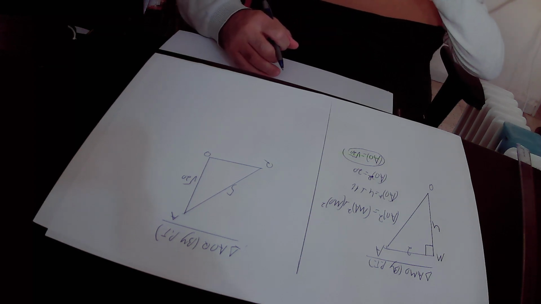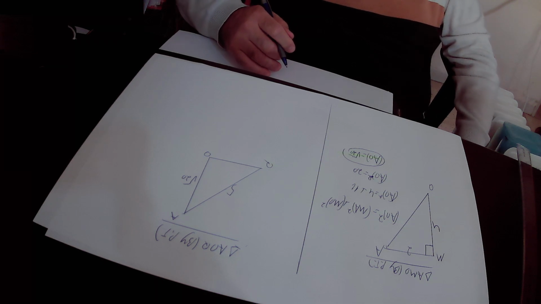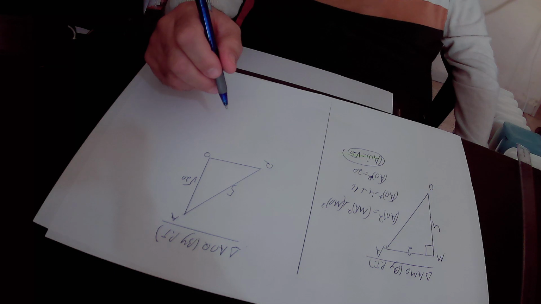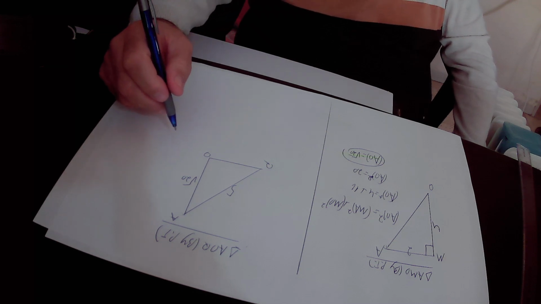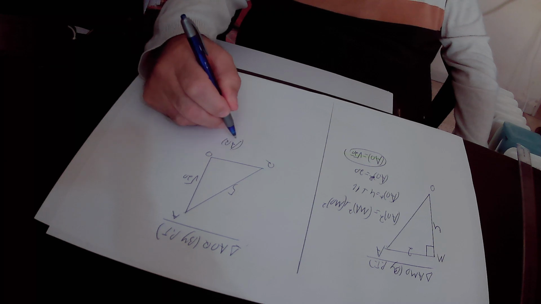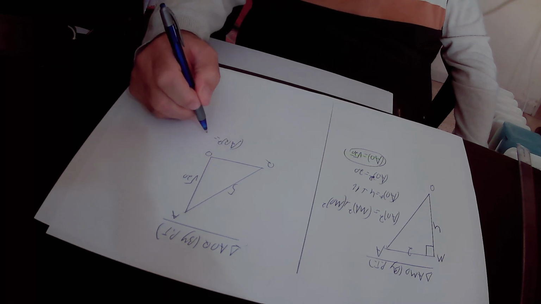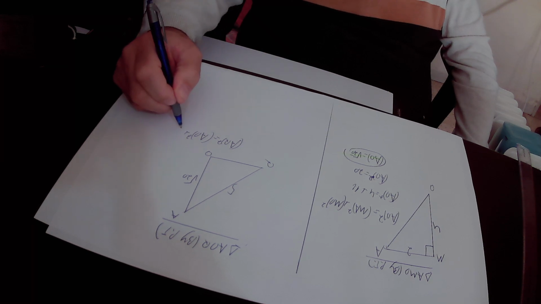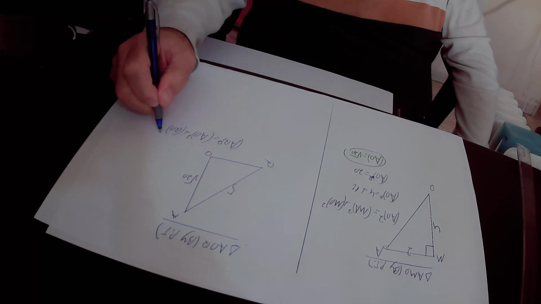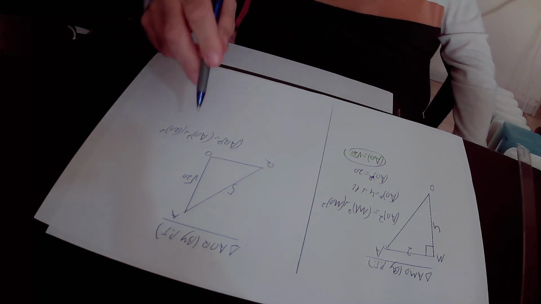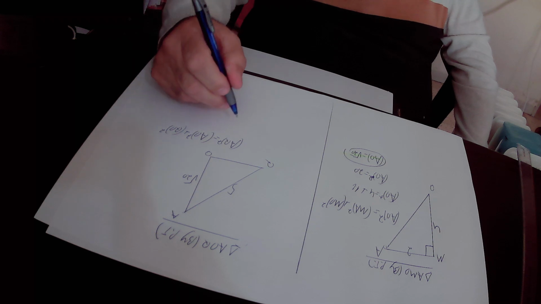According to the Pythagoras theorem, in this right triangle AOQ, AQ squared equals AO squared plus QO squared.